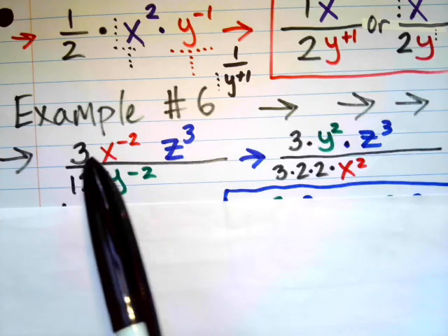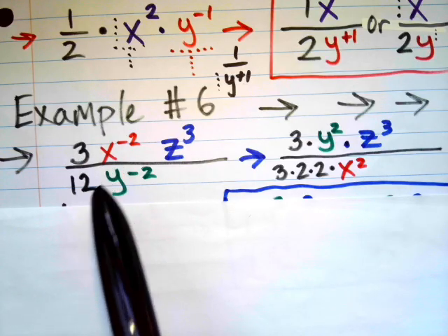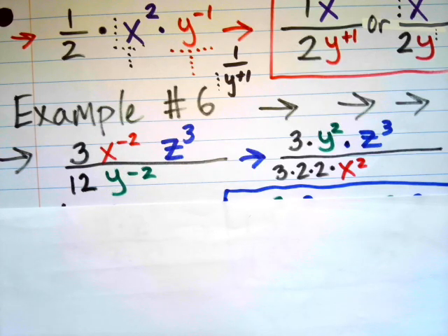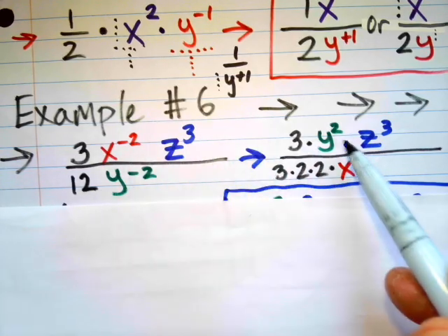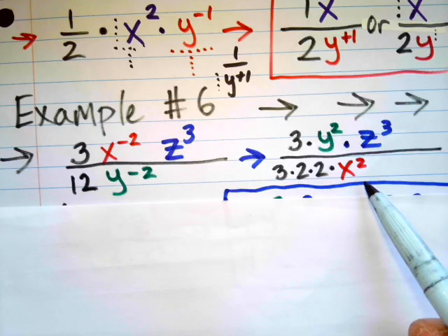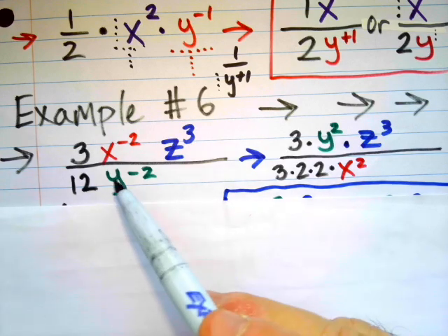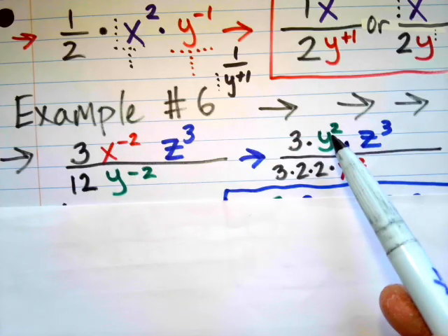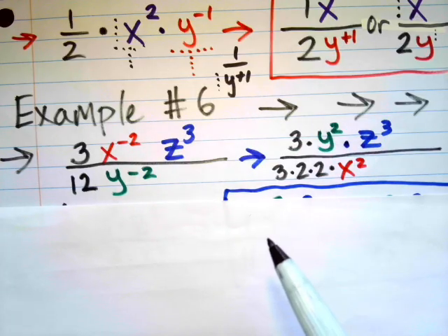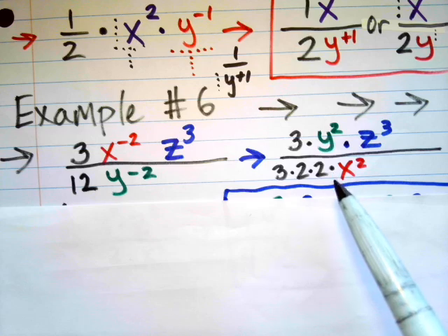So, again, that x to the negative 2, we would just flip it, and that makes 1 over x to the second power. Right? 1 over y to the negative 2, we flip it. That y to the positive 2 comes on top. That 1 is on the bottom.